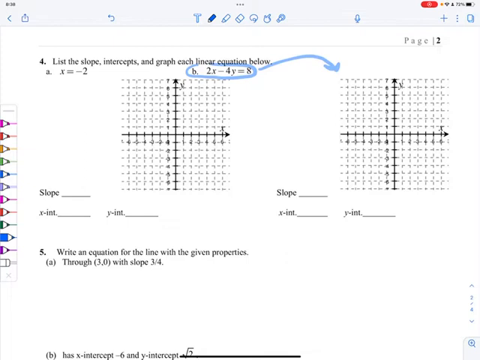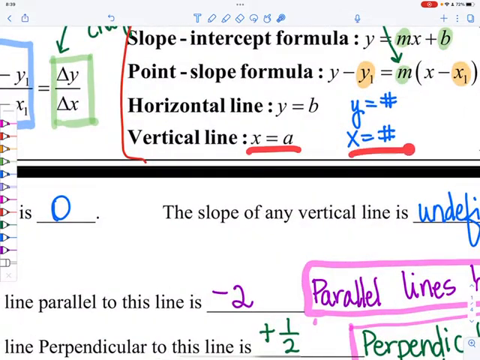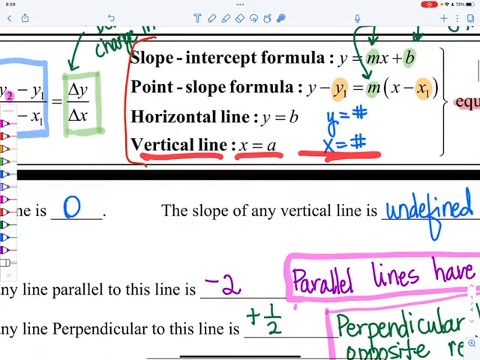If we have an equation of the form x equals a number, then we know that this is a vertical line. This is all the way back here, right? So if you just have x equals a number, that's a vertical line.